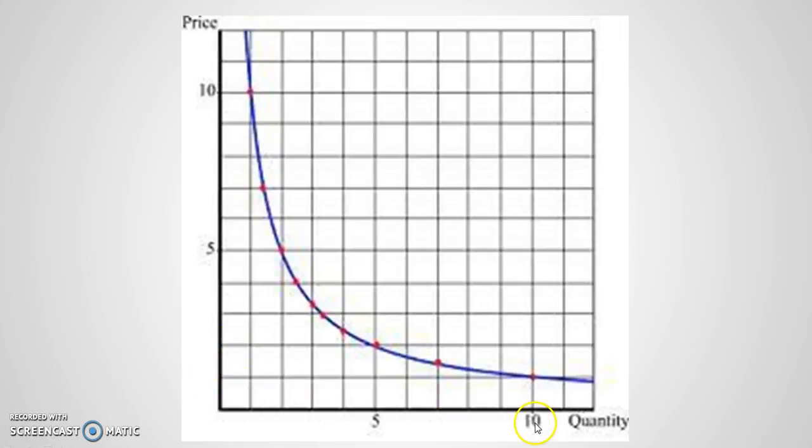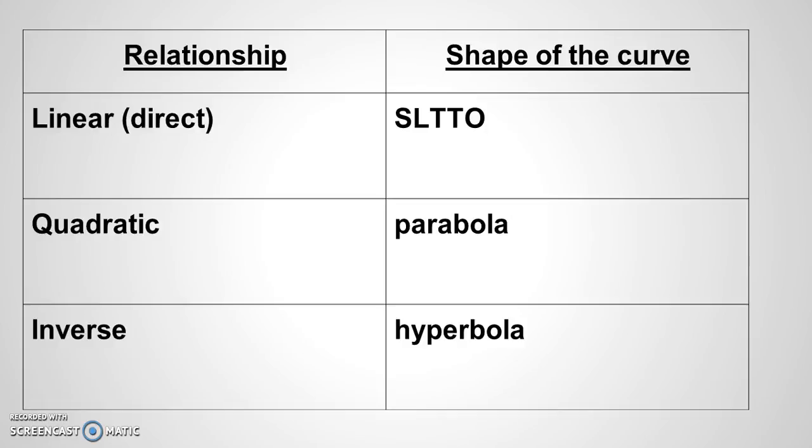So when x is 10, y is 1. When x is 11, perhaps 0.95. And this value will continue on in an asymptotic nature all the way to infinity. This is the third and final type of relationship.